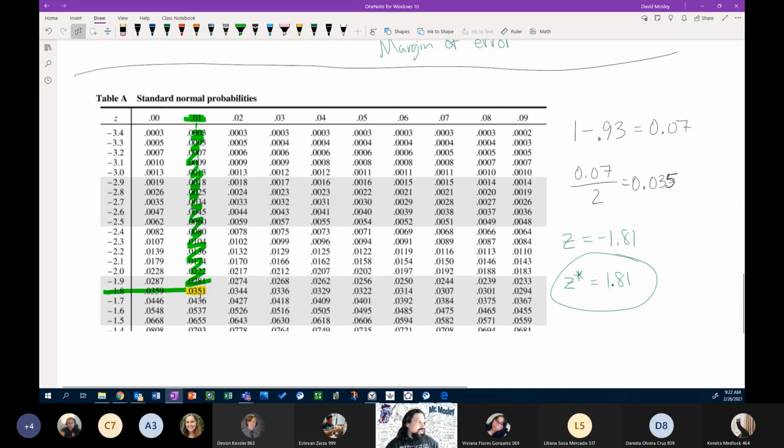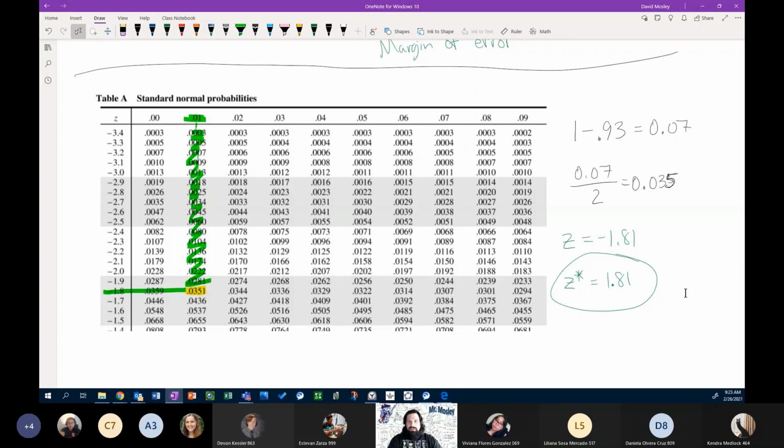The closest value we have on table A to 0.035 is 0.0351. We trace that to the left to negative 1.8 and up to the top 0.01, and we get a Z value of negative 1.81, which gives us a critical value of 1.81. So we're using table A on this one.